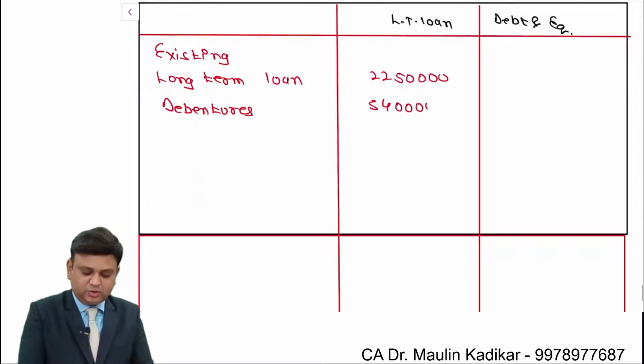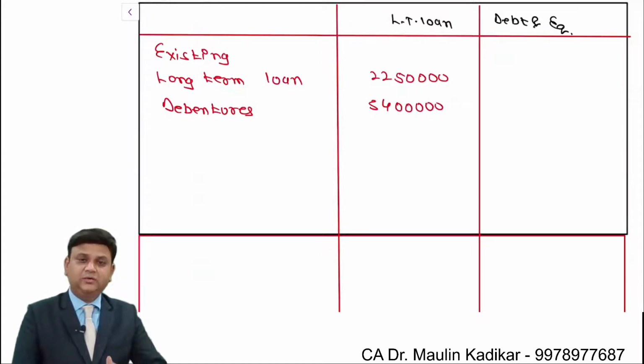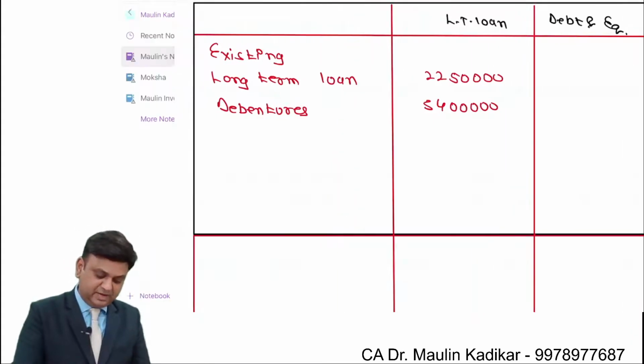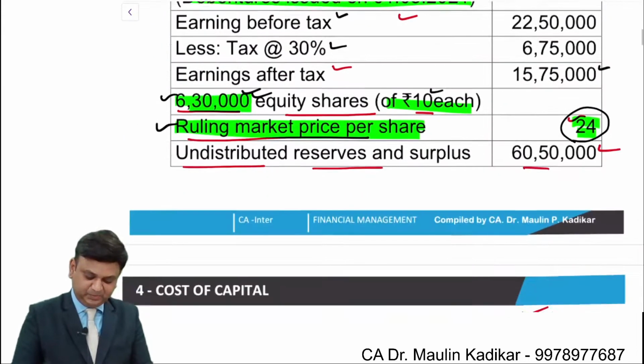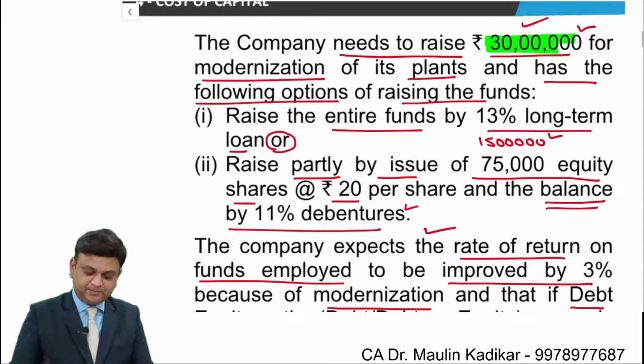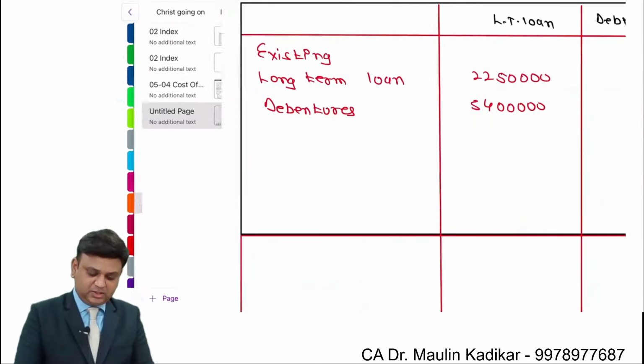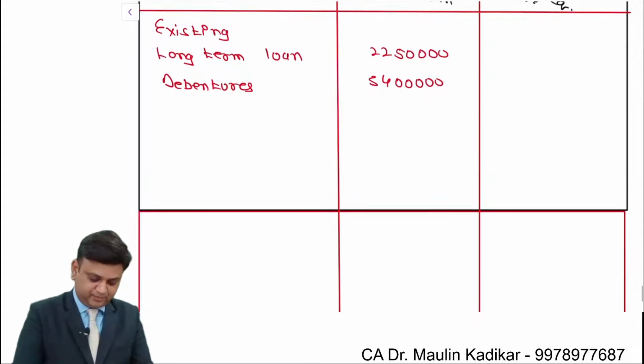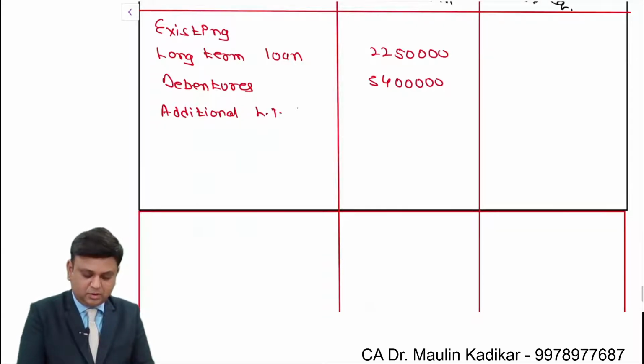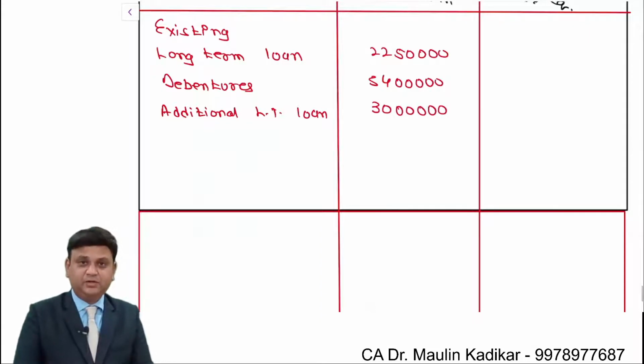That is of course not going to change. Now you raise the additional financing by way of long-term loan. So raise the entire funds by way of long-term loan, an additional long-term loan of 30 lakhs.